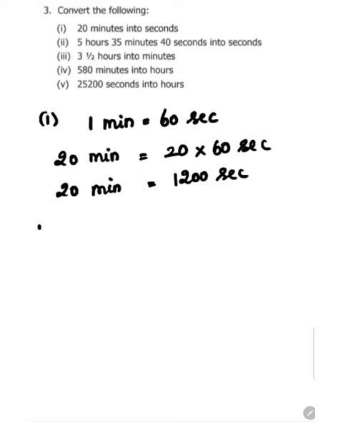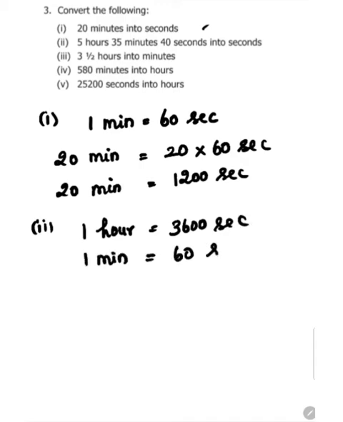Then the second one, 5 hours 35 minutes 40 seconds into seconds. We have to convert hours to seconds, minutes to seconds, and seconds stay as seconds. 1 hour is equal to 3600 seconds. 1 minute is equal to 60 seconds.